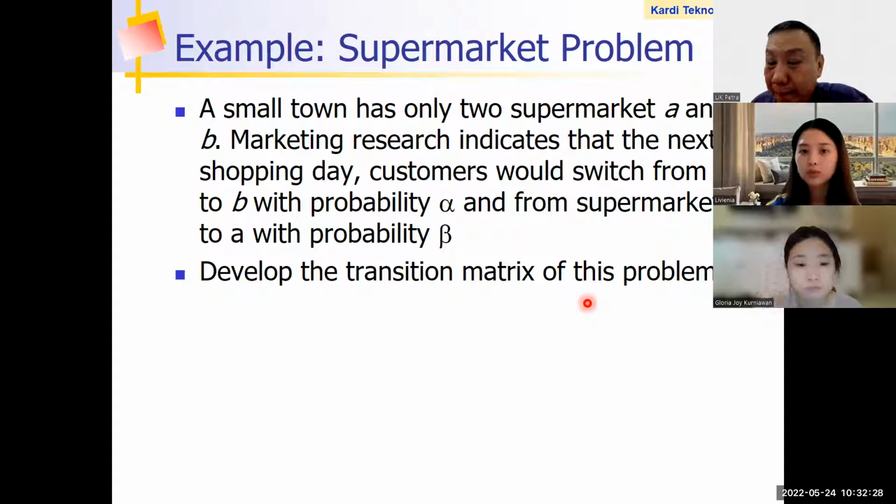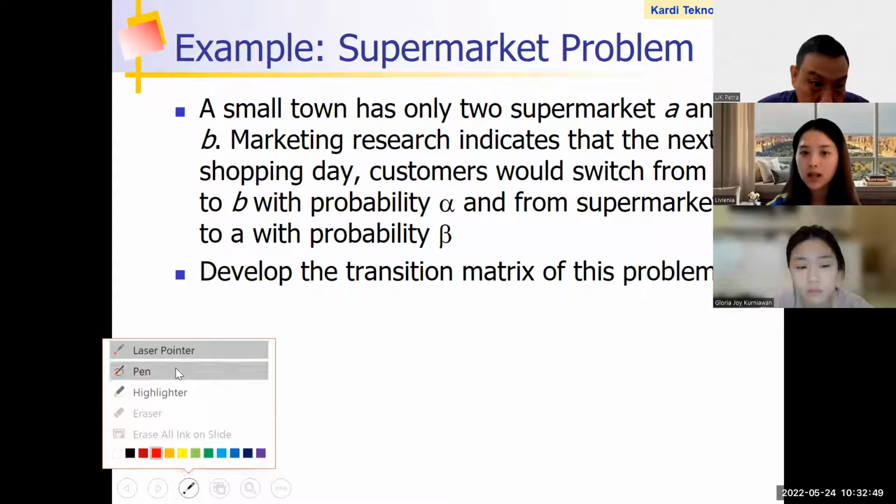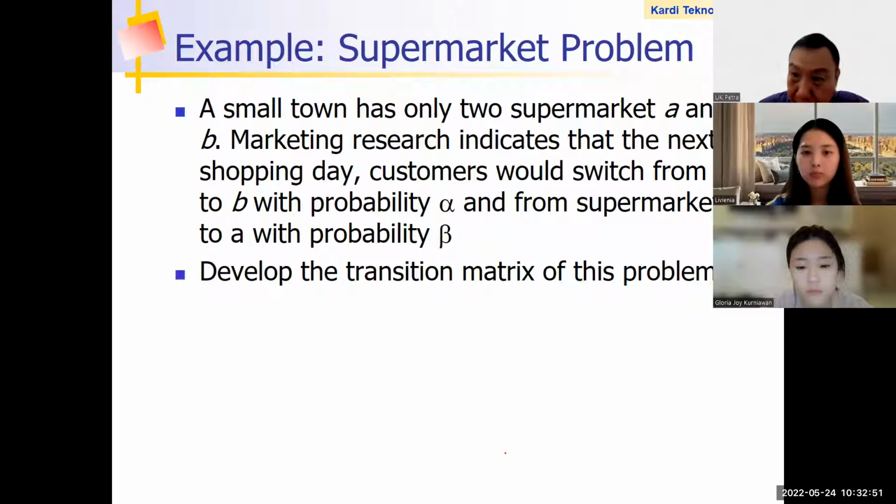What are the states? Two supermarkets, correct, A and B. Very good. So can you make the transition matrix? Yeah, you can annotate here.